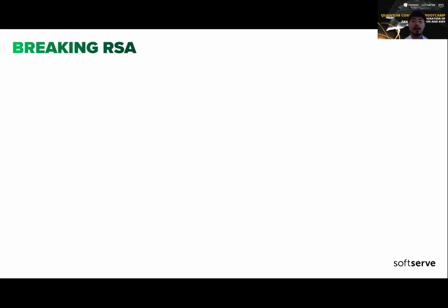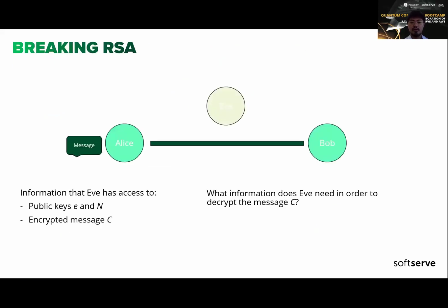So how to break RSA is really to find the two primes that Bob has. Bob is sending out the multiplication of P and Q, which are the two primes, to Alice.